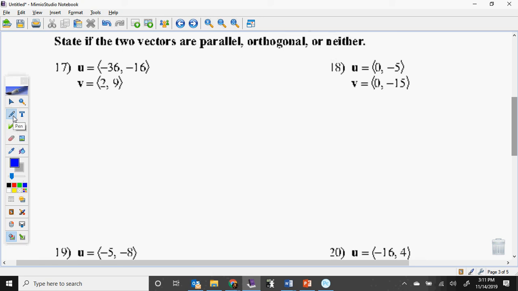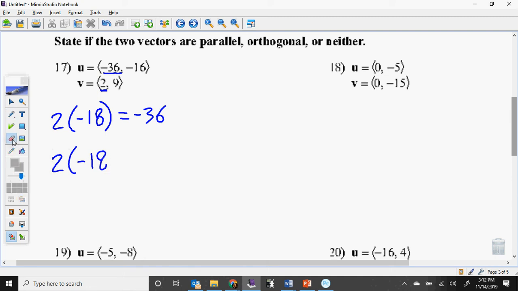Alright, so let's start off by seeing if they're parallel. Well, 2 times what gives me negative 36? 2 times negative 18 equals negative 36.